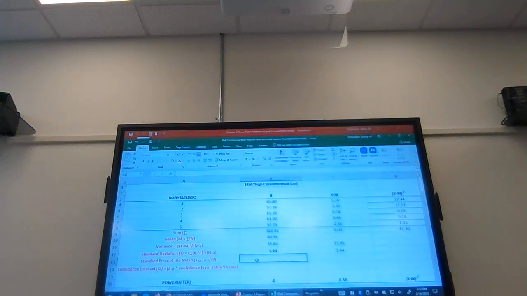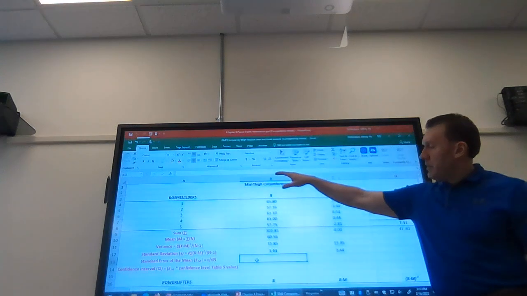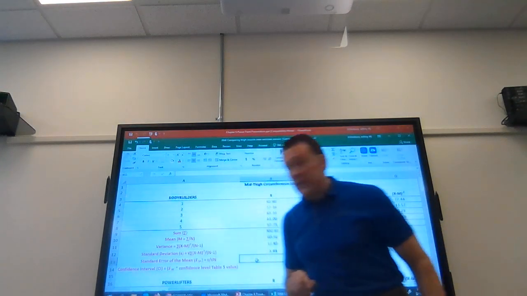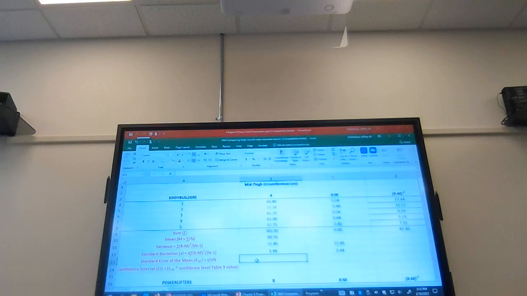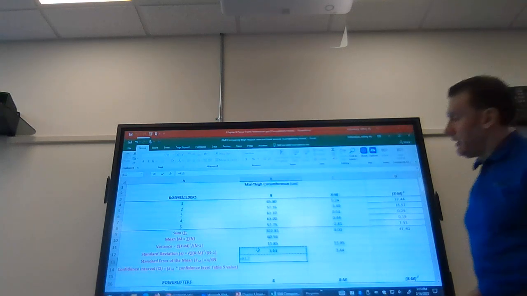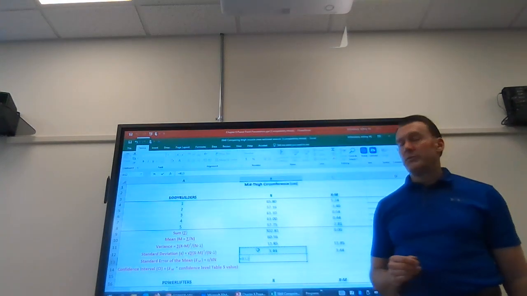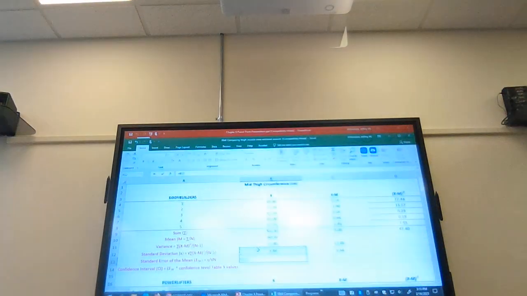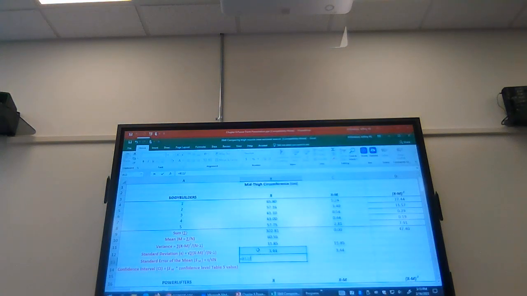So standard error of the mean, because it's a sample. You want your cursor in B13. Okay. So start it with an equals. And so you're going to click on the standard deviation. So that's right here in B12. So equals B12 divided by, so forward slash, the square root, SQRT, parentheses 5.